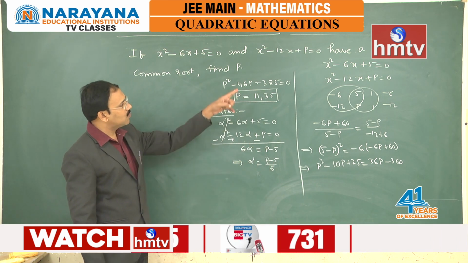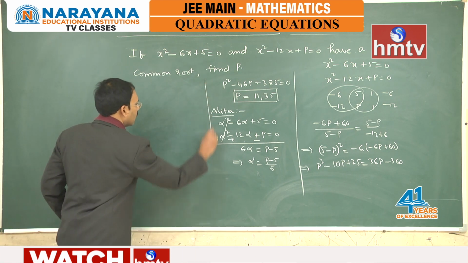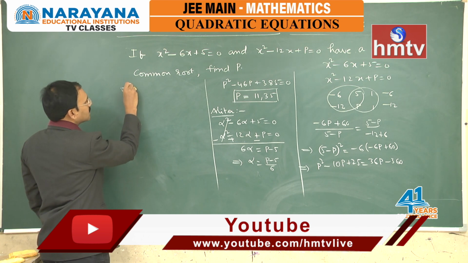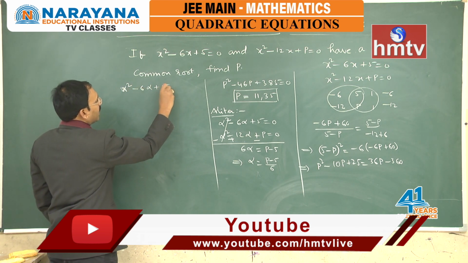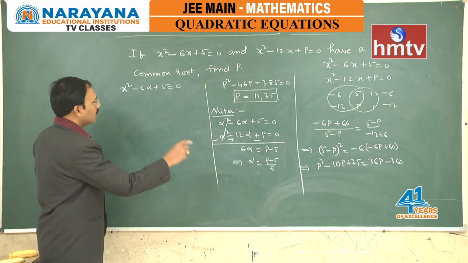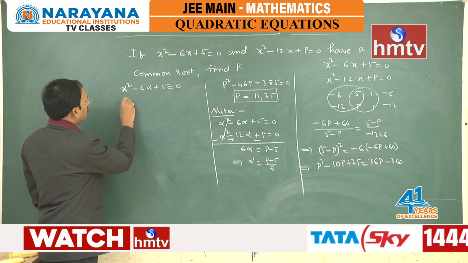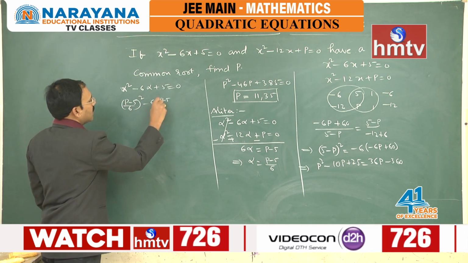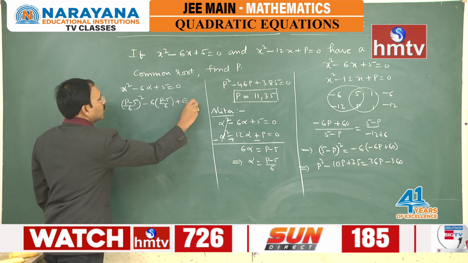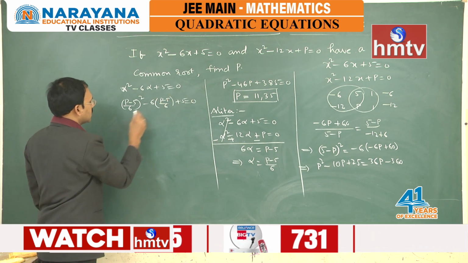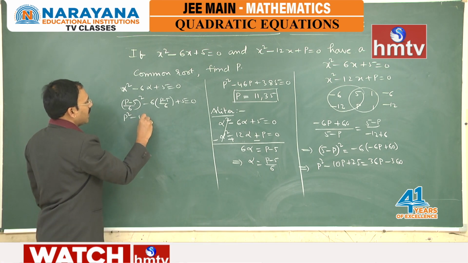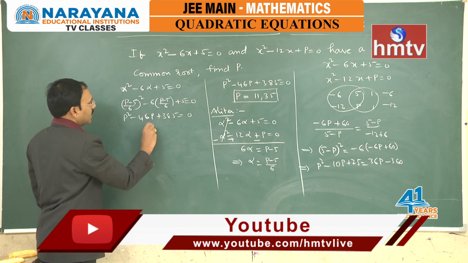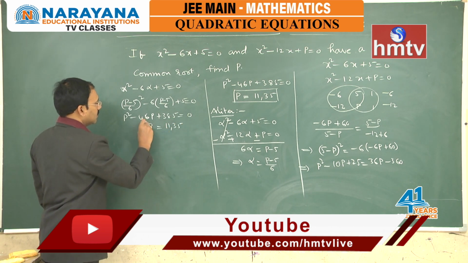Now, alpha is a root of the first equation, so you substitute in alpha square minus 6 alpha plus 5 equal to 0. You substitute p minus 5 by 6 whole square minus 6 into p minus 5 by 6 plus 5 equal to 0, which yields the same equation p square minus 46p plus 385 equal to 0, and hence p is equal to 11 comma 35.